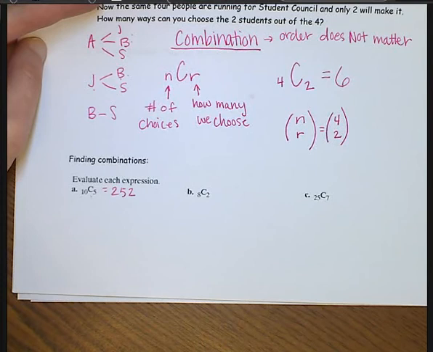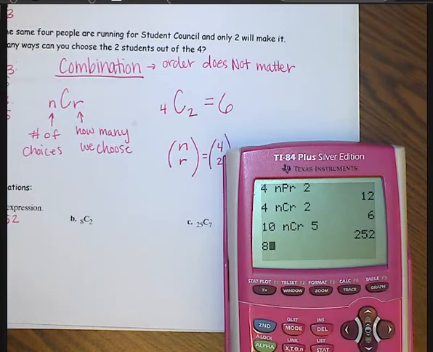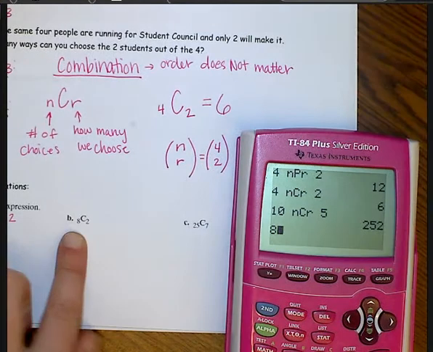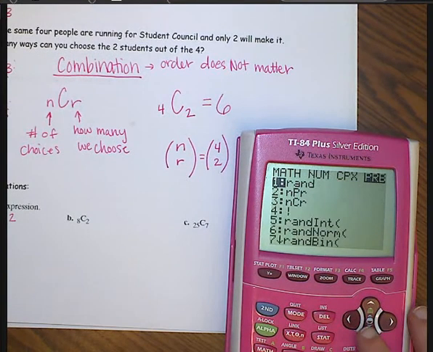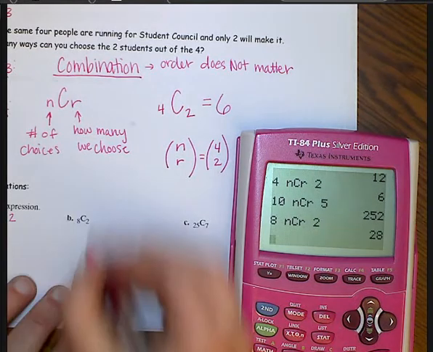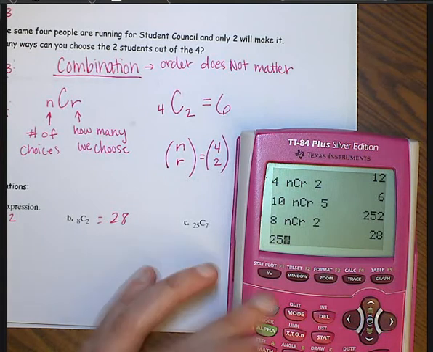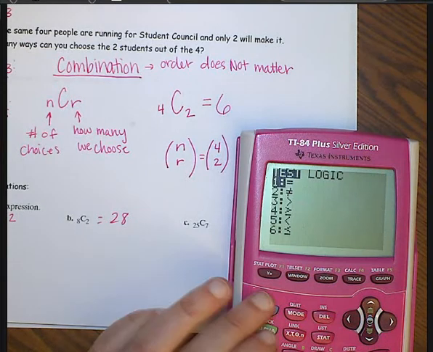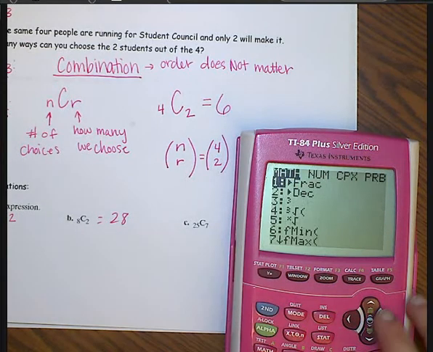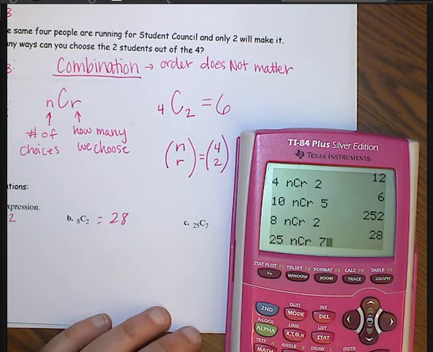Alright, so here are the answers for B and C. Hopefully you tried them on your own first. For B, I'm going to type in 8, math, probability, nCr 2, enter, I get 28, and I have 25 taking the combinations, choosing 7 of those choices.